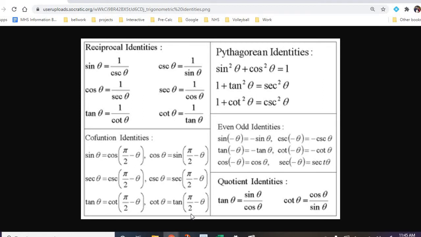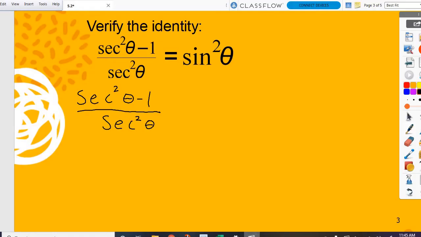Notice on my second Pythagorean identity, if we subtracted 1 from both sides, we end up with secant squared of theta minus 1, which is what we have. And so we know that that's just going to give us tangent squared of theta. So remember, sometimes we will have to rewrite or move stuff around on our different identities to be able to get to what we have here.